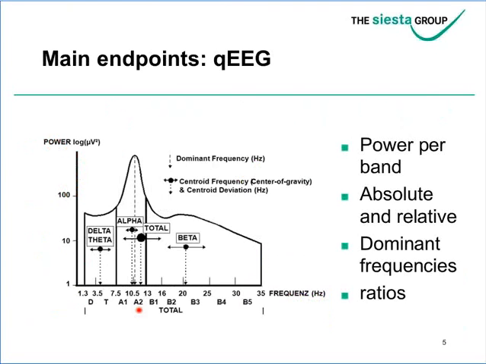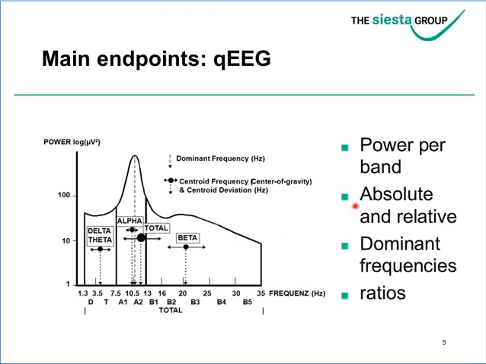So this brings us to the main endpoint variables that are typically calculated here, looking at the spectrum of a single EEG channel. We can calculate the power per either frequency bin or, more commonly, per frequency band, like delta, the slow frequencies, alpha, the faster ones, or beta, the very fast frequencies.